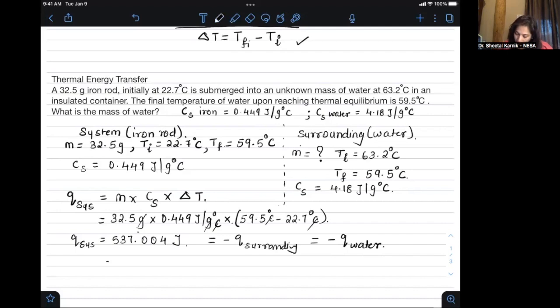So here, I put negative 537.004 joules, which is the negative Q of water, is equal to mass of water, which I don't know, multiplied by the specific heat capacity of water, which is 4.18 joules per gram degree Celsius, multiplied by the difference in the temperature, final minus initial, which is 59.5 degrees Celsius minus 63.2 degrees Celsius.